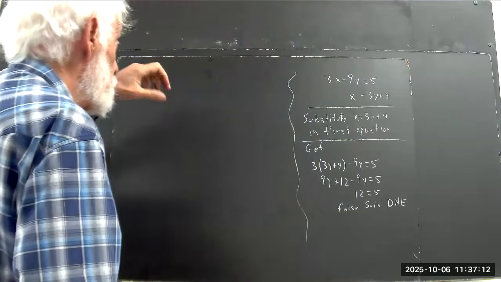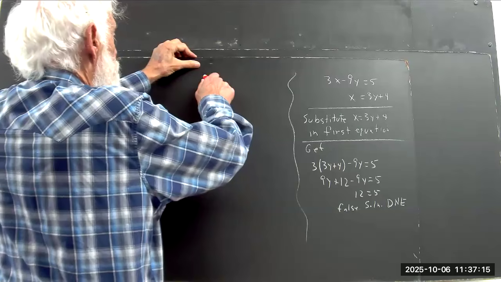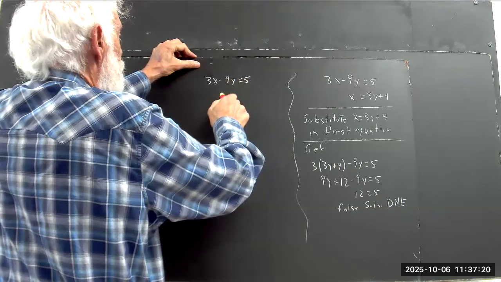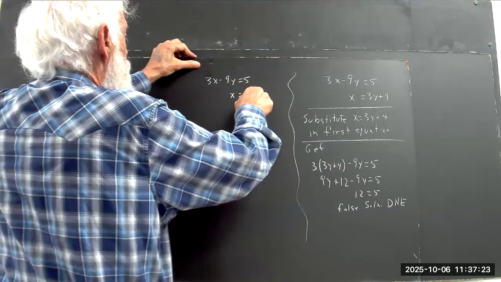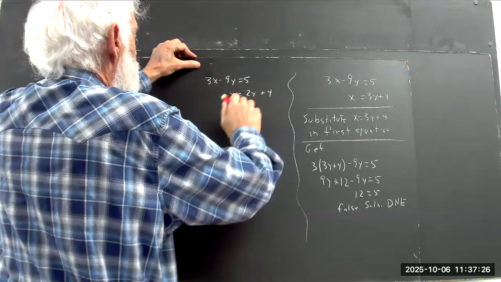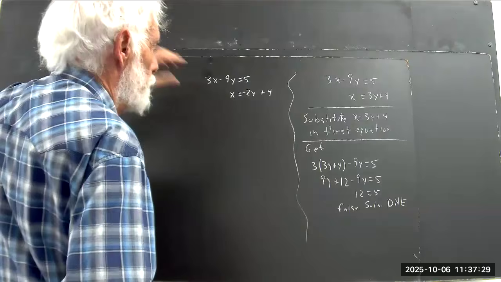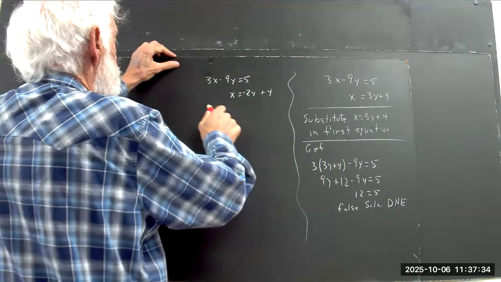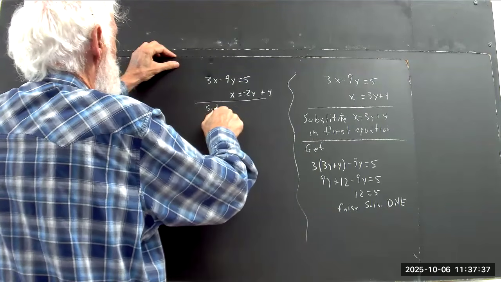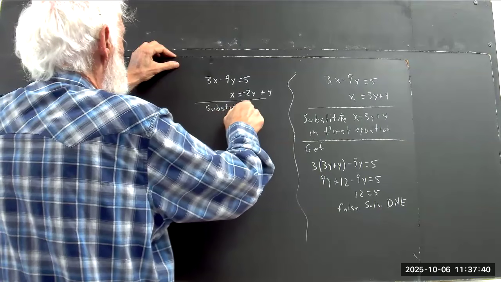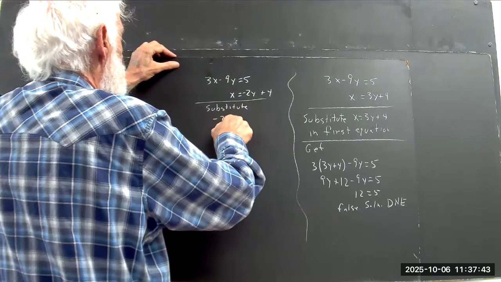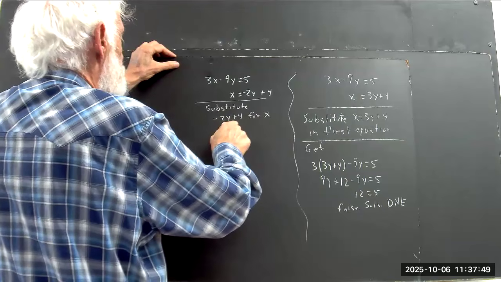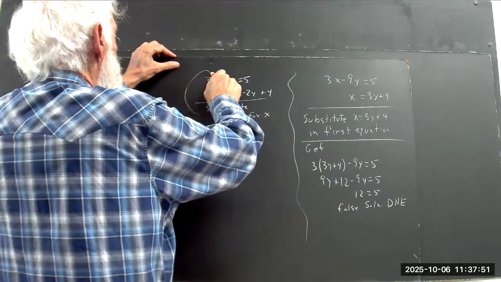So let's just do one where you really can solve it. Let's take the first equation, 3x minus 9y equals 5. And let's say x equals 2y plus 4. I'm going to even say minus 2y, okay? So substitute negative 2y plus 4 for x in the first equation.